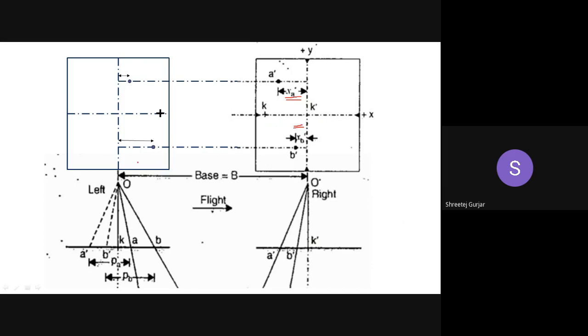Then similarly on the left image, can you tell me what point this is? What do I have to name over here? This point and this point.